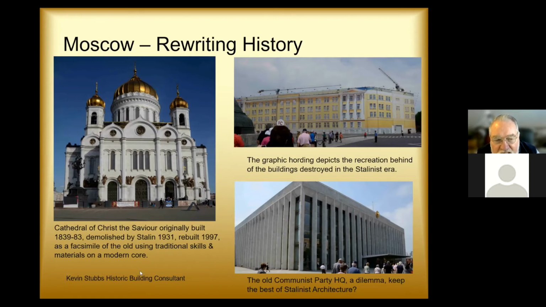In 1997, after the fall of the Communist Party, it was decided for the 850th anniversary of the founding of Moscow to reconstruct the cathedral faithfully in all its details.